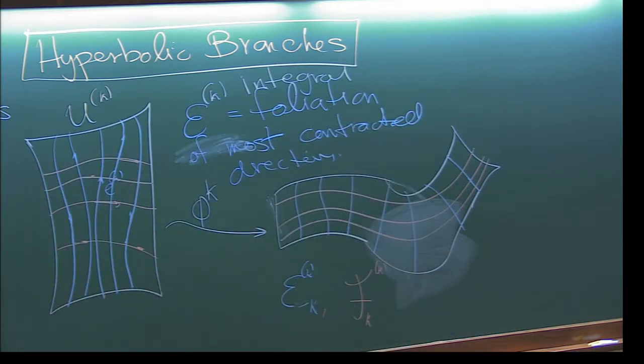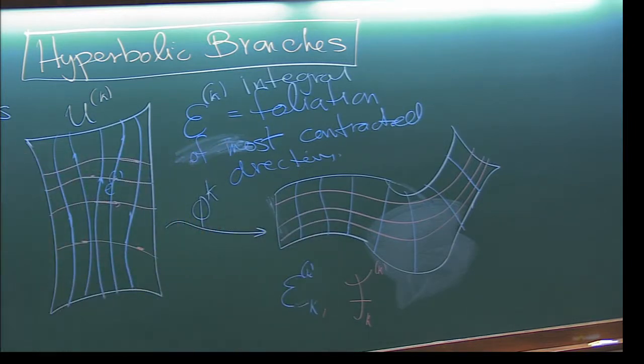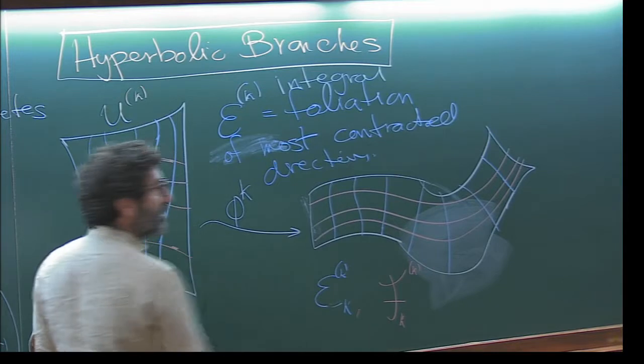So this is a geometric structure that just exists. Notice we have done nothing. I've assumed almost nothing, but it exists. I often call it finite time stable and unstable foliations, because they only use information about finite time.